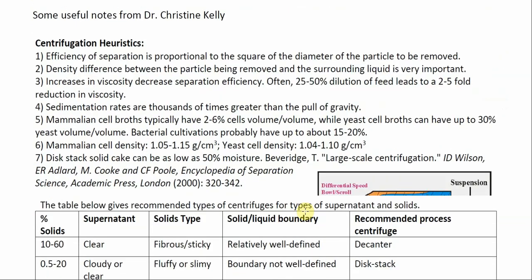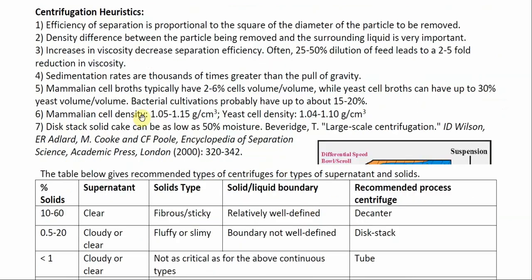Here are some other useful notes on heuristics. You'll also see them in Dr. Kelly's notes packet. Efficiency of separation is proportional to the square of the diameter of the particle to be removed. The density difference between the particle being removed and the surrounding liquid is very important.